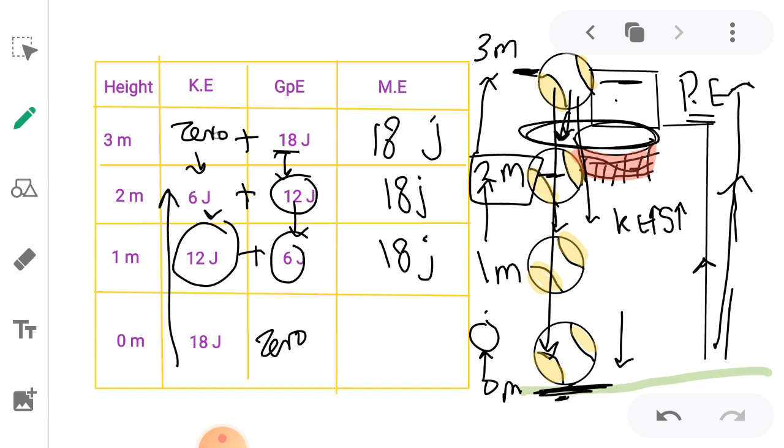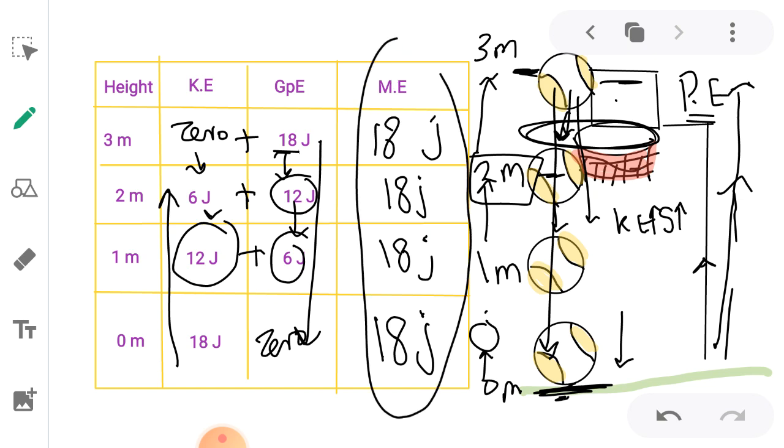As you realize, it's 0, then 6, then 12, then 18. So the kinetic energy increases and the potential energy decreases. And if we add them, it will also give me 18 joules. So mechanical energy is constant in any object.